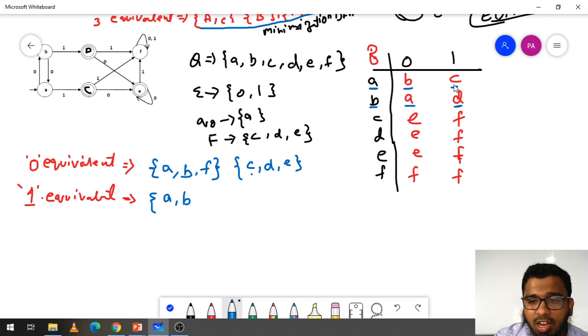And when taking 1 as input, it goes to C and D, and here also both are in the same set. Because of that, A and B are one equivalent.